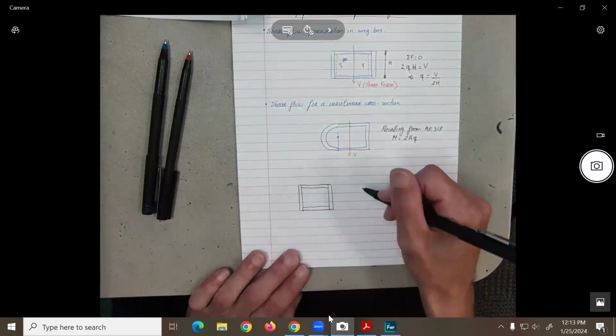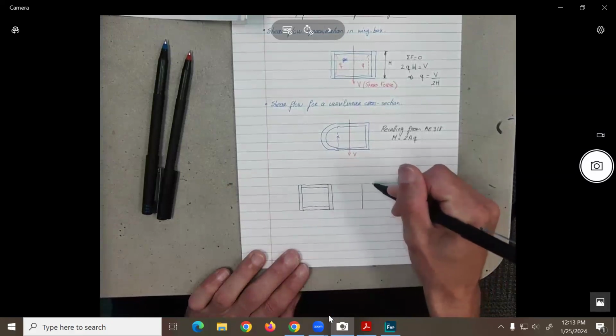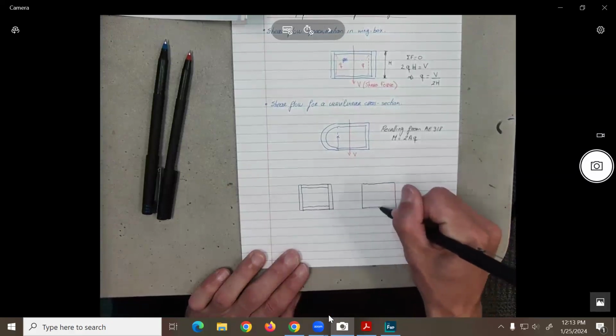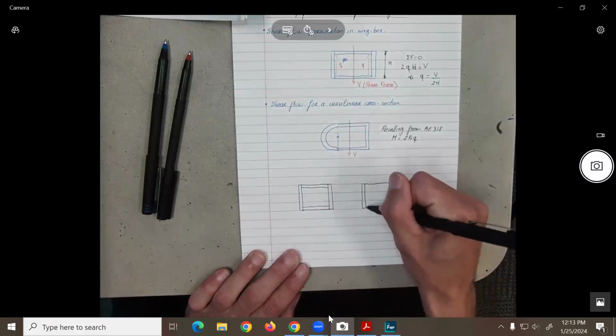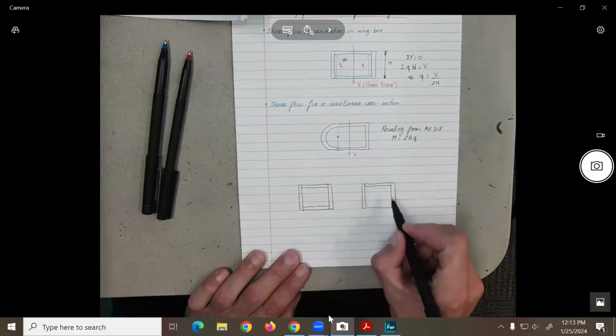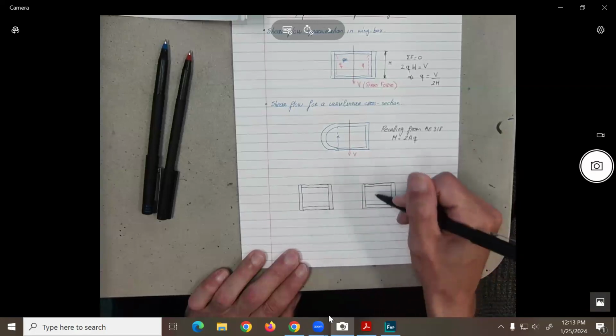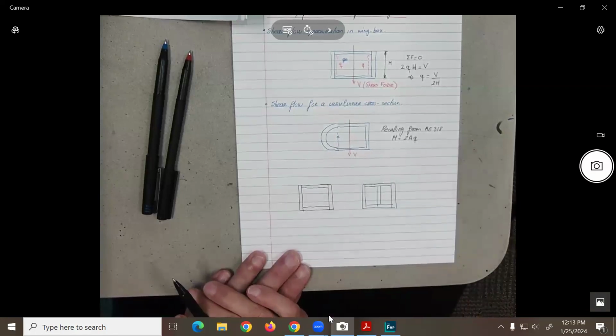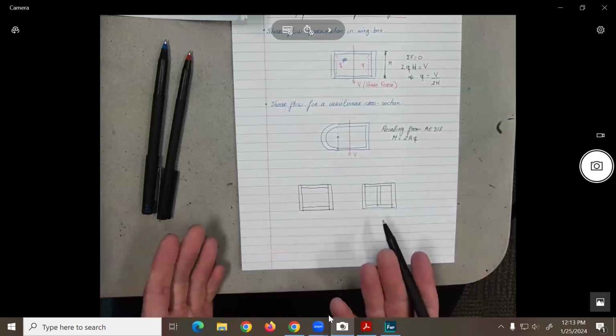Correct? Now, if I do exactly the same structure here, but this time I put another member over here. Is this structure going to be stable? Yes, no?